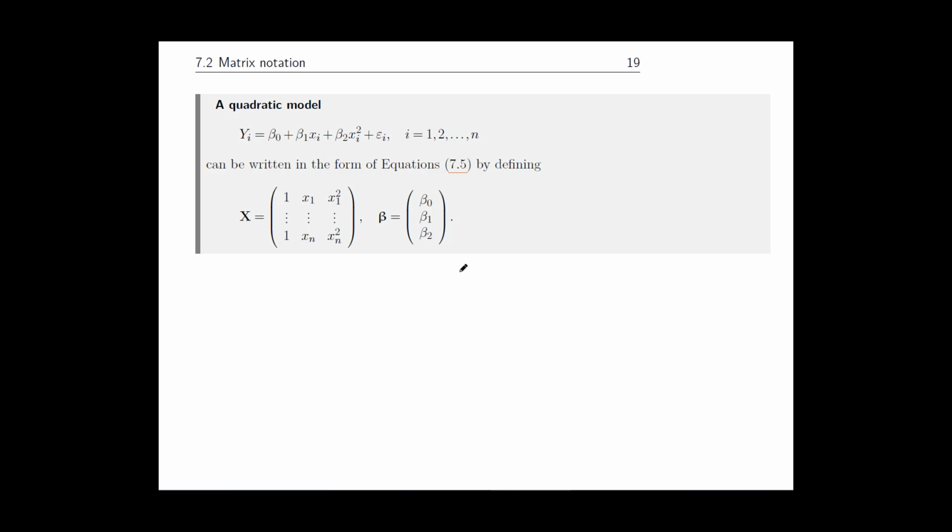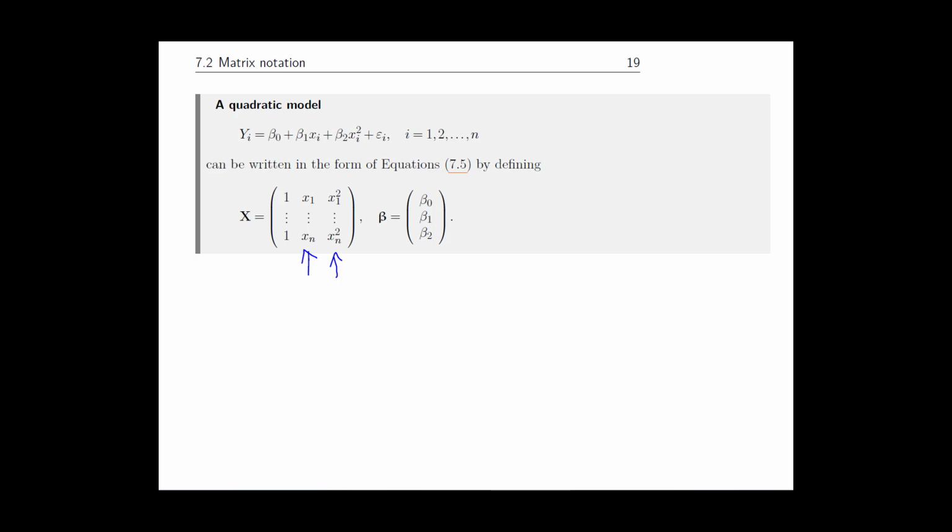Okay, so this is the example of a quadratic model. We have x and then x squared. But in matrix notation it's easy: we just add one column per new variable, and x squared can be considered as a separate variable. So this is not a main effect model, because we have xi squared.